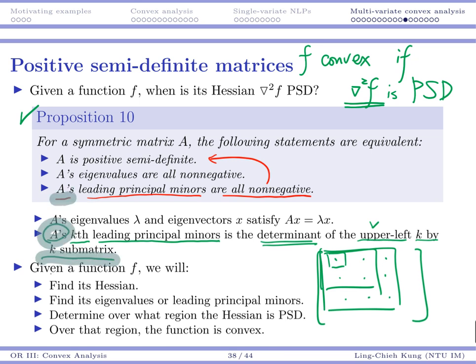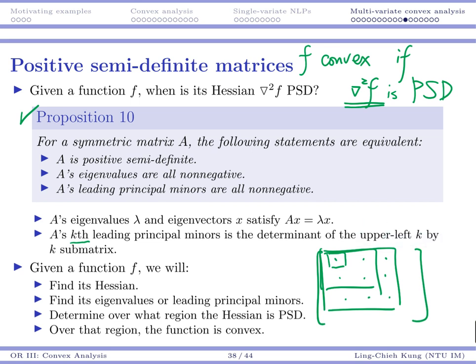So I'm not going to prove this proposition because this belongs to the field of linear algebra. We will take it as given, and later we will show you some examples about how to do the calculations to do the check. So our general procedure would be, given a function f, first find its Hessian. This is necessary.